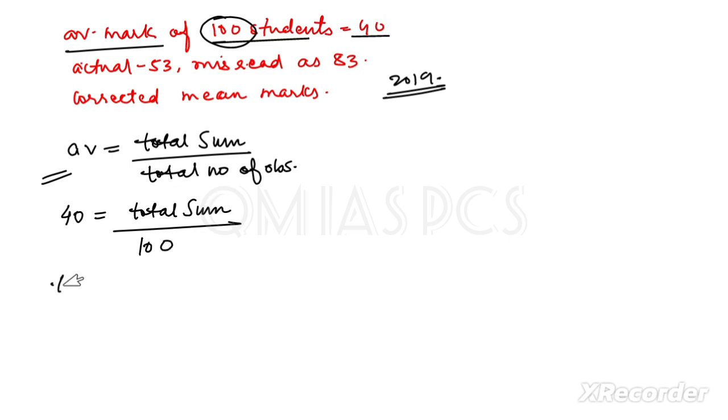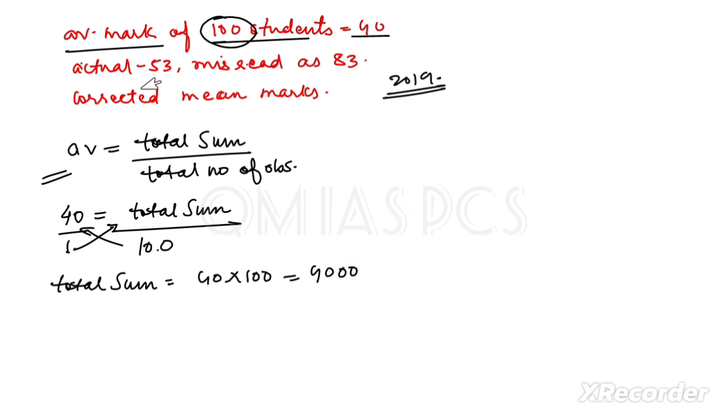So what will be the total sum? Total sum will be 40 multiplied by 100. Just cross multiply this one. You know what cross multiply is? Just multiply this denominator with this numerator. It will be 4000. Fine.